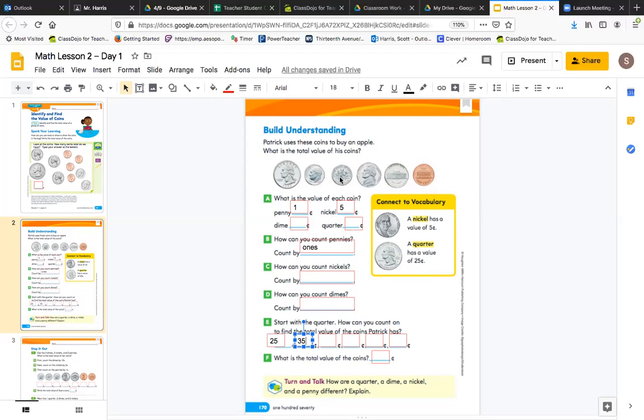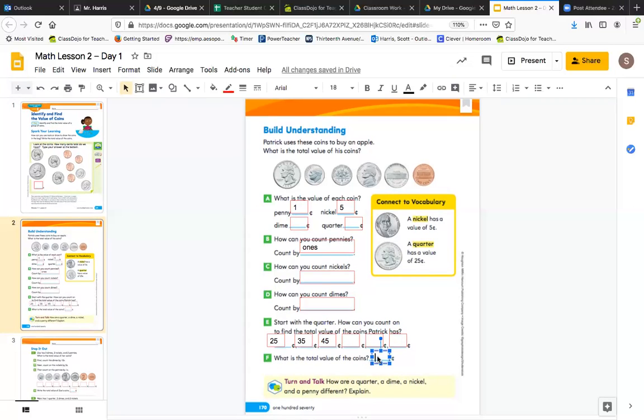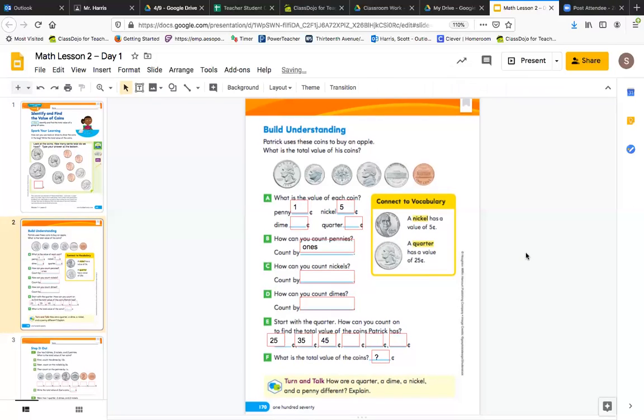And then I have another dime. I see the pattern here. We're just adding to the tens box. So my next dime, another 10, 35 plus 10 is 45. And then I see a nickel, another nickel, and a penny. You count on. See if you can finish this and then type in here what is the total value of the coins.